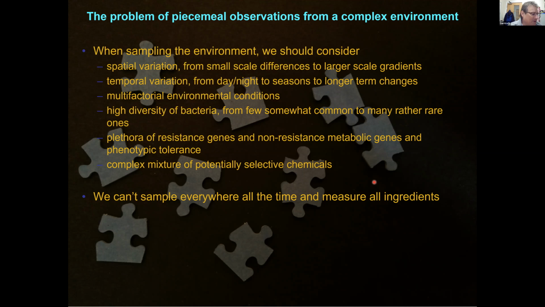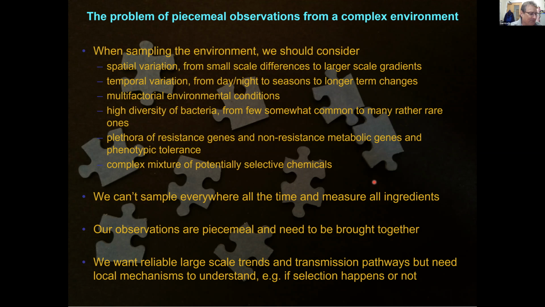So we end up with pieces. And the difficulty is to bring these piecemeal observations together to come to conclusions that are reliable. We want reliable large-scale trends and transmission pathways. We also want to understand locally what's happening, for example, whether selection happens or not.